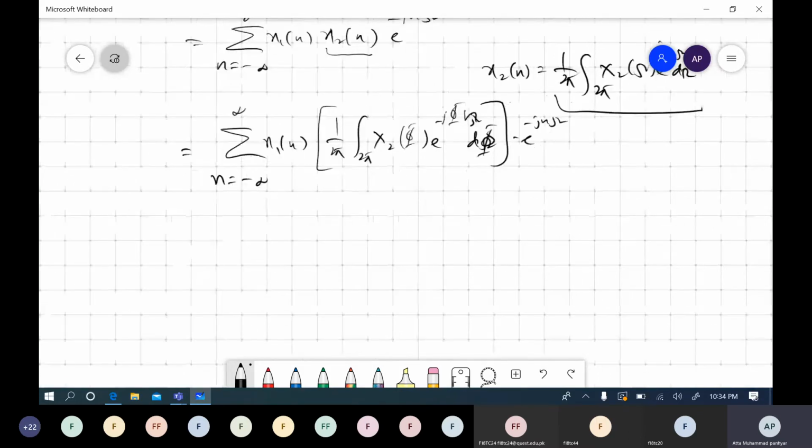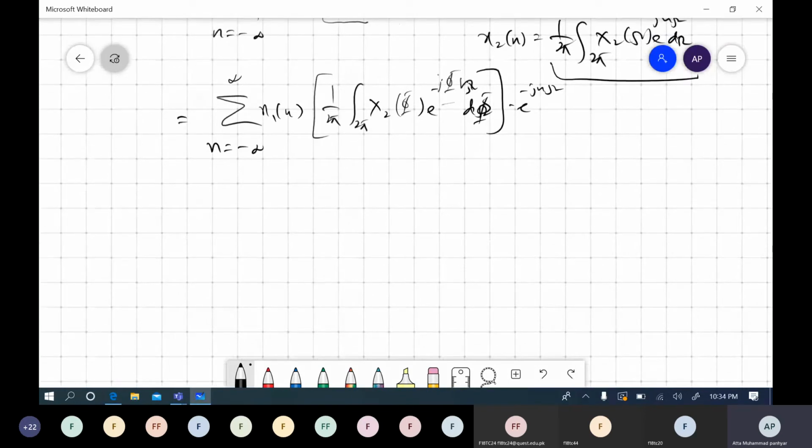Okay, now if the bases are the same, these exponents can be multiplied. We can write the summation over n from minus infinity to infinity of x1 of n, 1 over 2 pi integral over 2 pi of X2 of phi e to the power minus j.